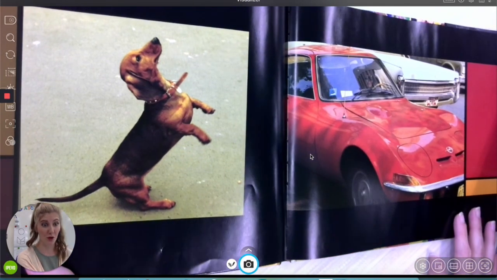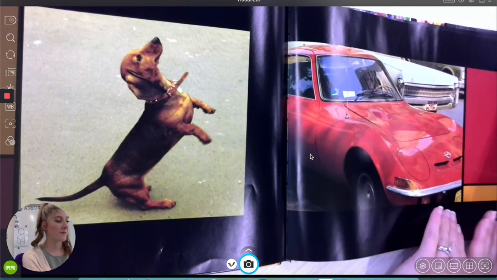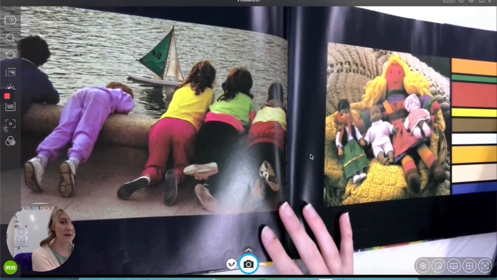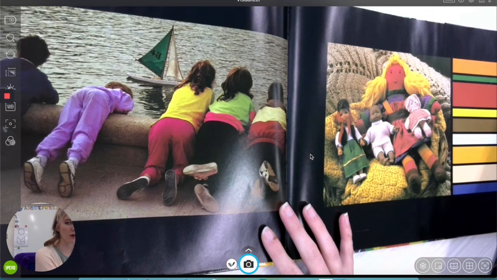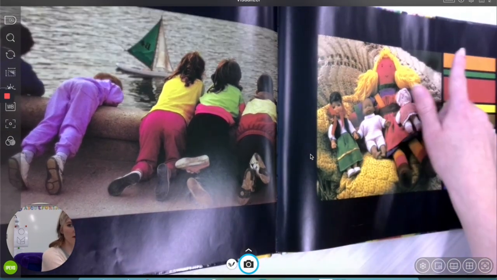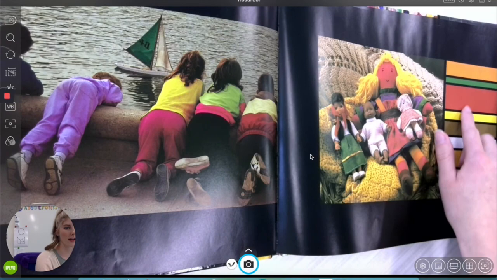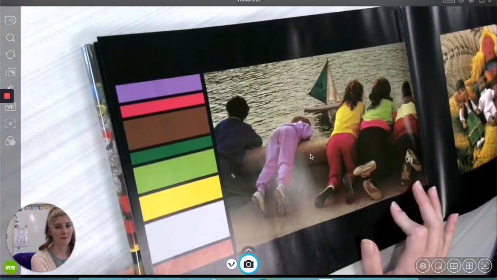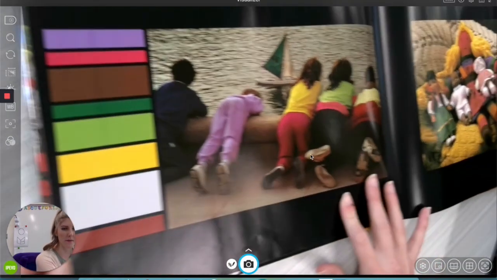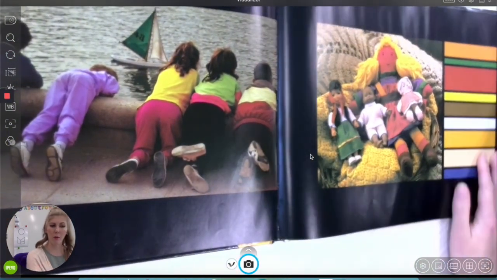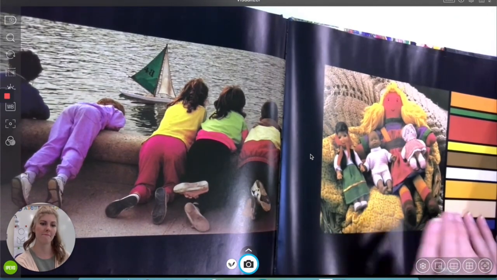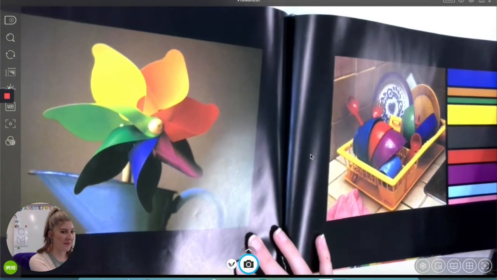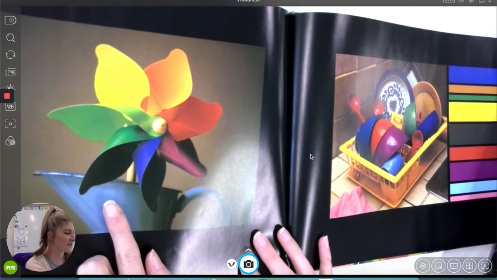Keep looking. What are you noticing? Here's one thing that maybe you've noticed too. There are colors along the side of these pictures. It's on this side too. Why would those colors be there? Think about that. Why? These are my favorite pinwheels.